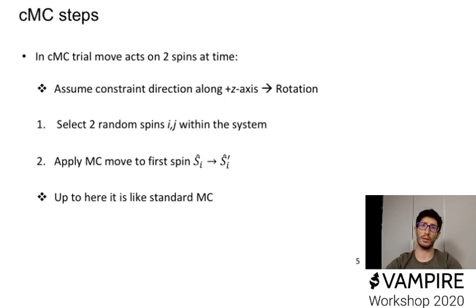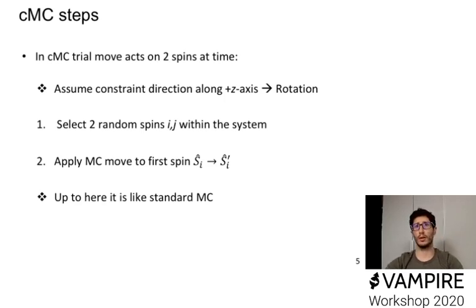These two spins will be picked randomly within the system, and they don't have to be neighbors. Also, just a clarification, the approach assumes that the direction along which we constrain the magnetization is always along Z, and this is not a problem because by application of a global rotation we can always end up in this condition.